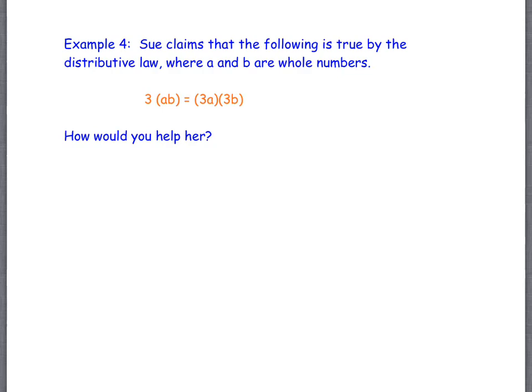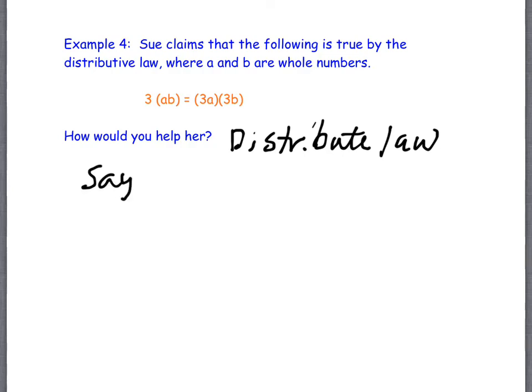Okay, so you're going to tell her more about what the distributive law says. We'll use the same values that she has, but just change it to addition. Like that, Carrie, that's what you had in mind, right? Yeah. That this would equal 3A plus 3B.